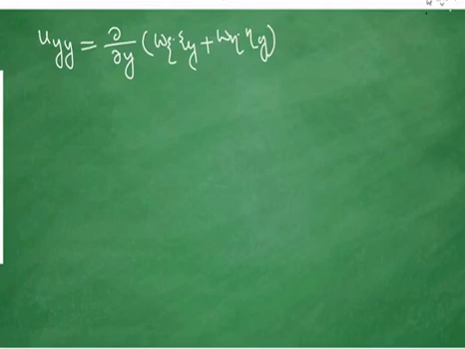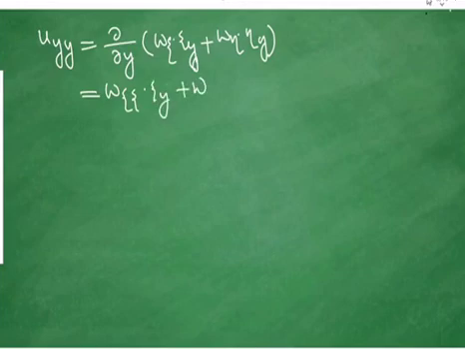Again, this contains two terms, and each term is a product of two functions. So here we have to apply the product rule of differentiation also, and this is equal to, with respect to y, we have to find the partial derivative. So w theta theta into theta y plus w theta eta into eta y.